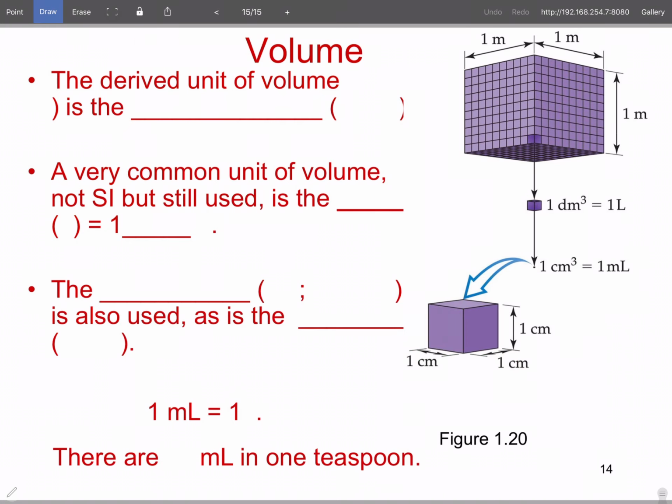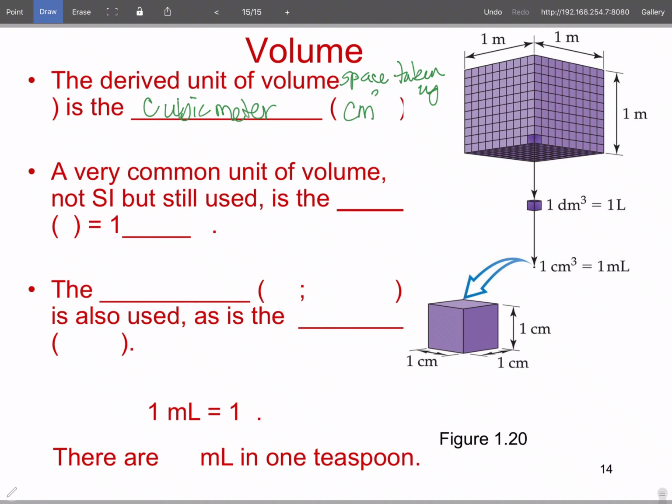So the next one is the derived unit of volume, which is defined as the space taken up by something. And it is the cubic meter. That's the SI unit.